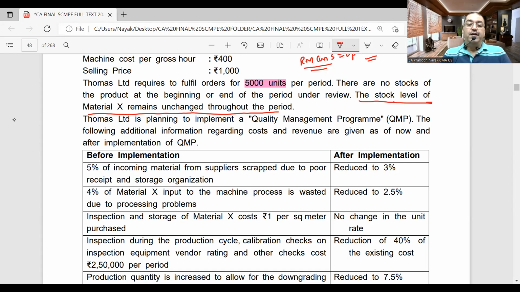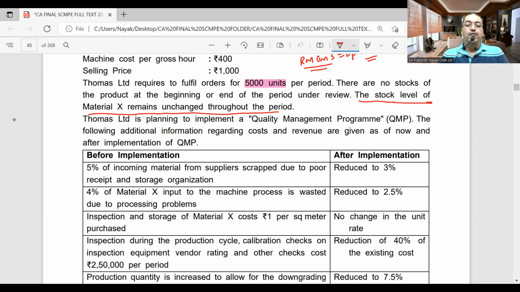Let us see each one of them. 5% of incoming material from the suppliers is scrapped due to poor receipt and storage organization. So before implementing the quality management program, you have 5% of the raw material scrapped as waste. After implementation of the QMP, it has reduced to 3%.